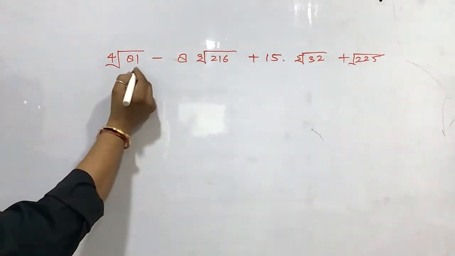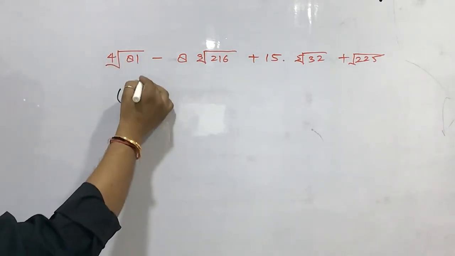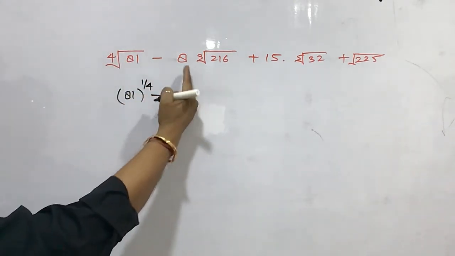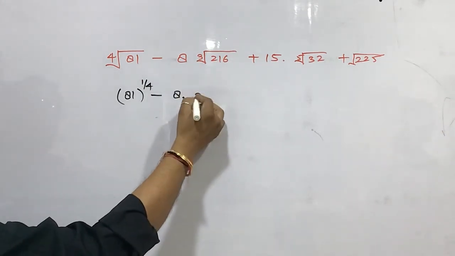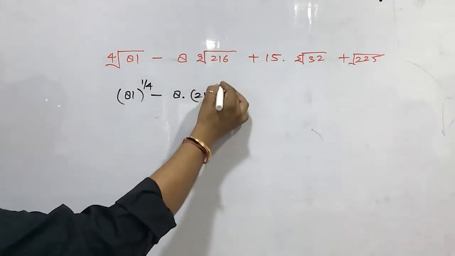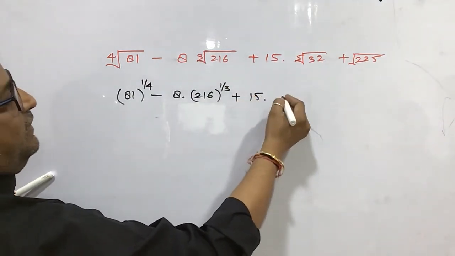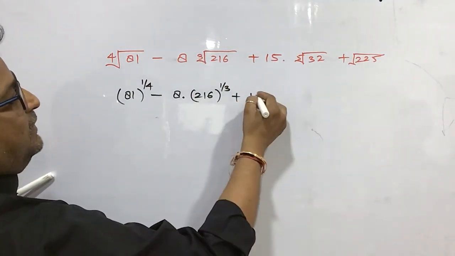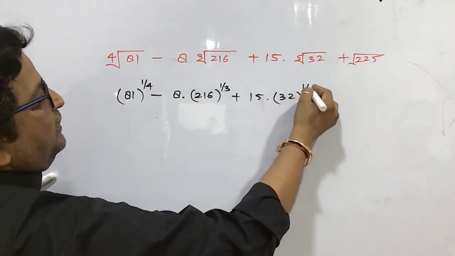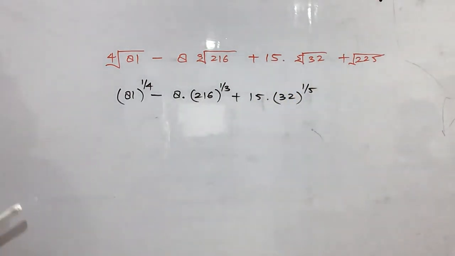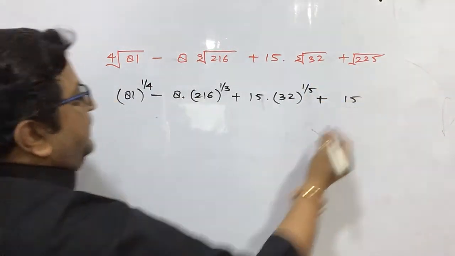Here you are seeing that this is the 4th root of 81. Here 8 into this, and this is the cube root of 216. This one is 15, and it is the 5th root of 32, and everyone knows 2 to the power 5 is 32.